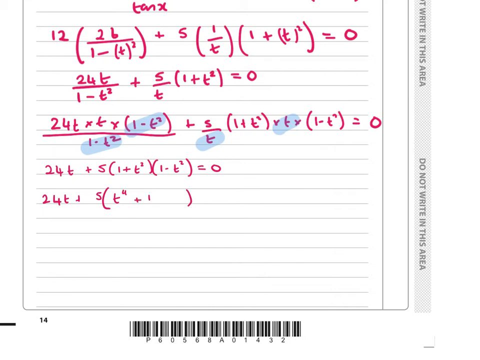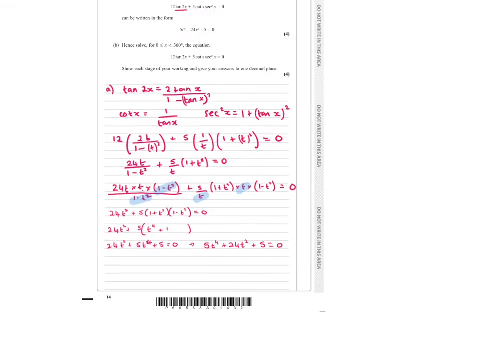Because I'm going to get minus t squared plus t squared, which is 24t plus 5t to the power of 4 plus 5 equals 0. So I'm going to get 5t to the power of 4, but I've written a 5, plus 24t squared, that should be, because remember I had my t times t here, plus 5 equals 0. Let's double check that's what they asked for.